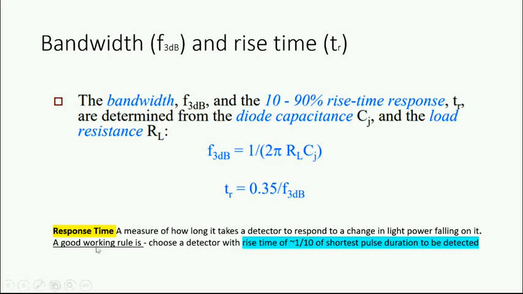A good working rule is to choose a detector with a rise time equal to 1 by 10 of the shortest pulse duration to be detected. In optical communication, we transmit the information in the form of pulses.